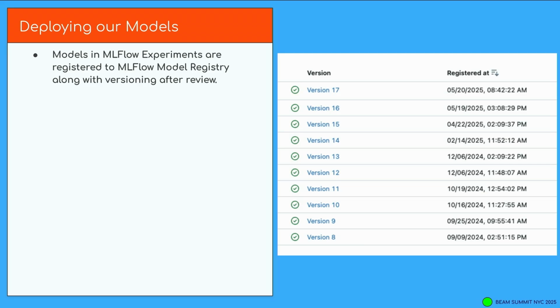Now, once the models are in MLFlow experiments, we register them into an MLFlow model registry. Data scientists can play around with however many experiments they want. After peer review, the models are registered and versioned; this is an example of how it looks in production. So every time they decide to update a model, a new version gets created.